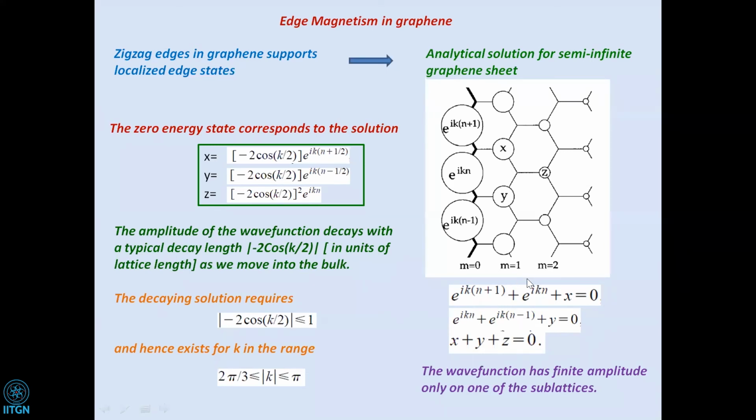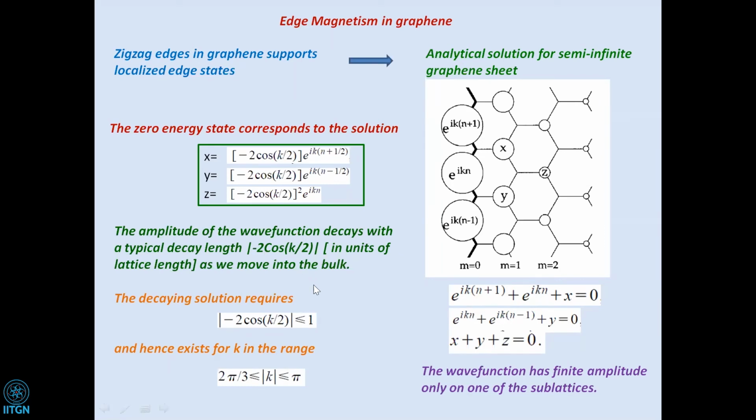And it turns out that there is a consistent solution for this. Once you solve this, you find out what x, y, and z are, and you see that z, which is in the second layer, essentially goes as cos squared. The x and y, which are in the first layer, go as a cosine, and this is of the order 1. So the decay occurs with an amplitude which is mod 2 cos k by 2.